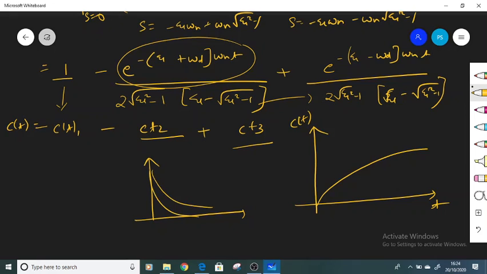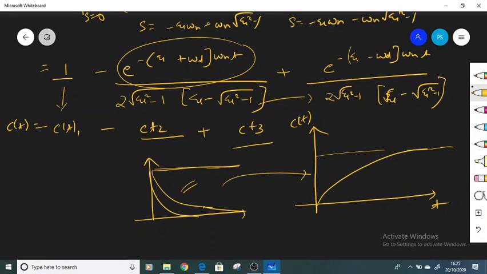One will decay faster, another will decay slower. But if I add this one with these two, whatever output I get, it will come out to be something like this only. I can think intuitively that the output is going to look like this. Just do it.